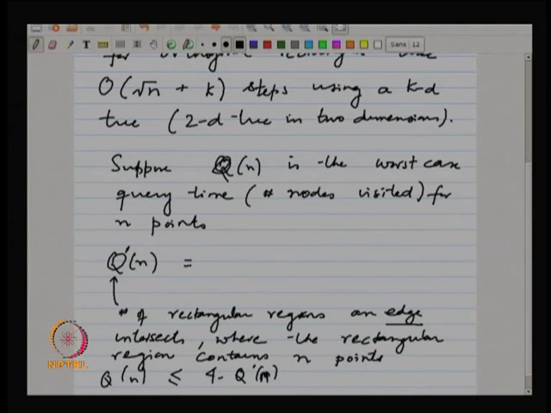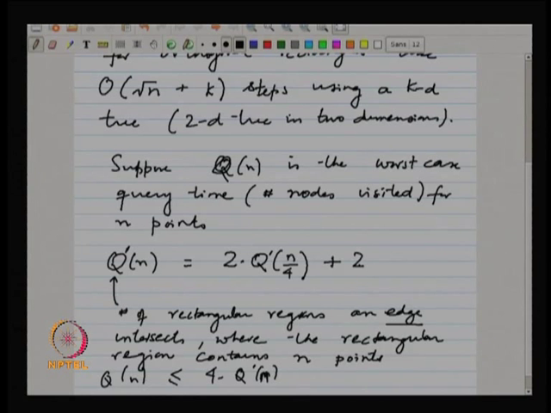So, I will focus on writing a recurrence for the Q prime of n. And I claim that this can be bounded by 2 times Q prime of n over 4 plus 2.